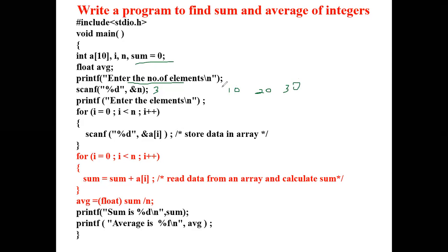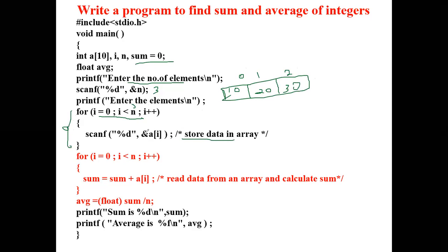So here I is equal to 0, I less than 3. So we are storing the data in the array. We already discussed that we are using a for loop for reading the elements of the array.